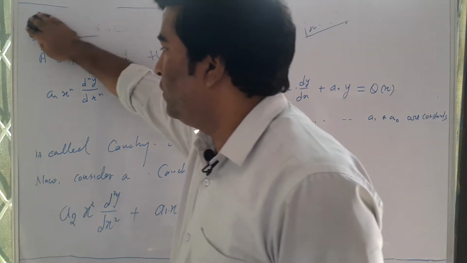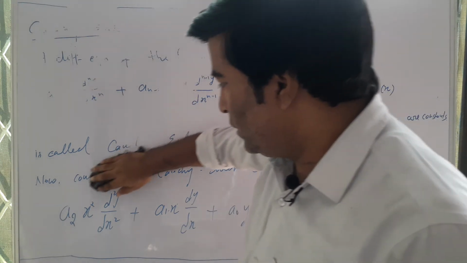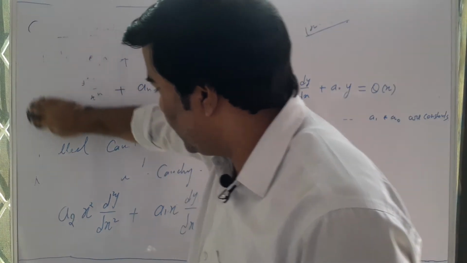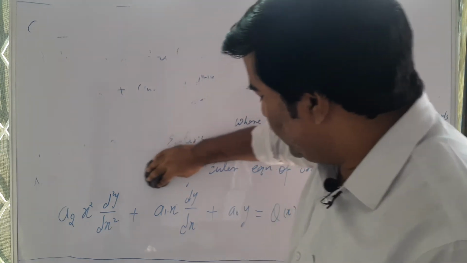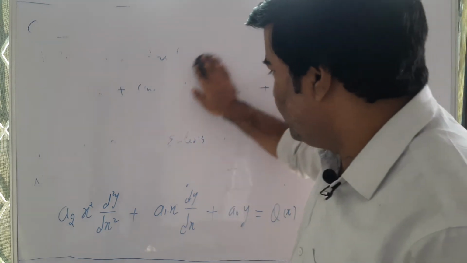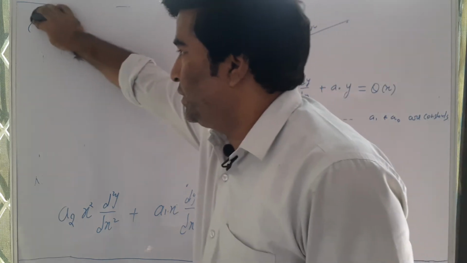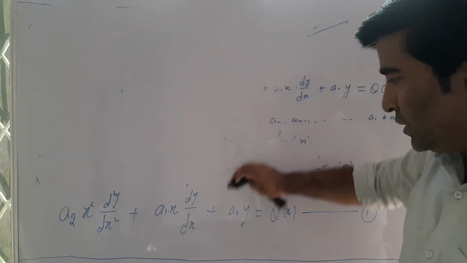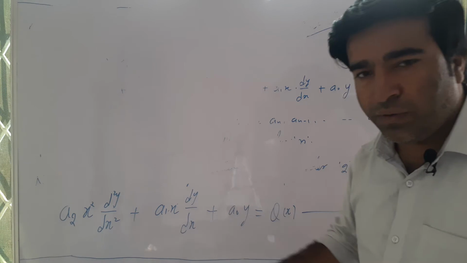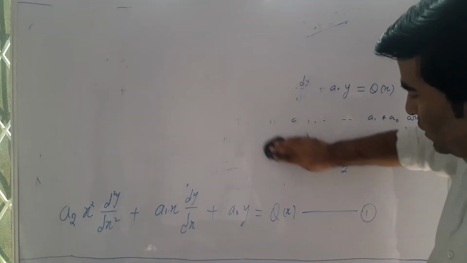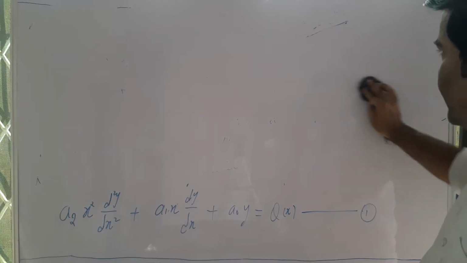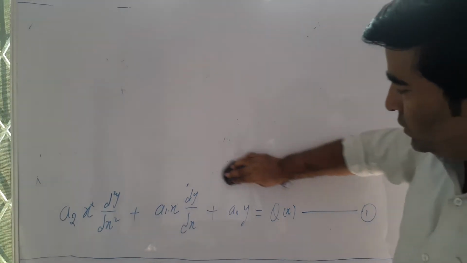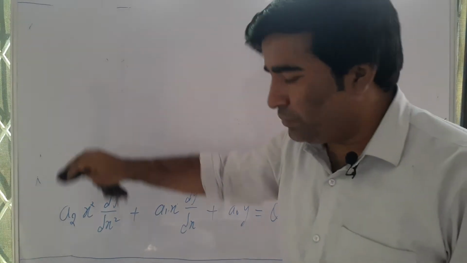And now we convert this Cauchy-Euler equation into a differential equation with constant coefficient. This is actually a differential equation with variable coefficient, and we convert this equation into a differential equation with constant coefficient.